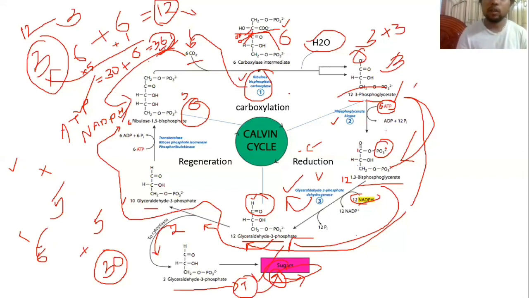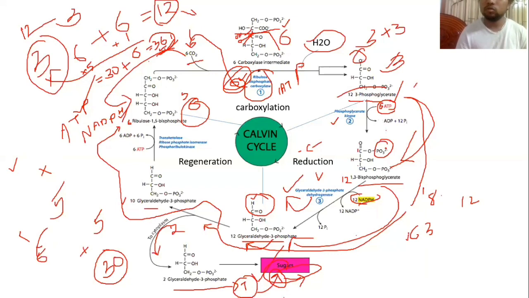Okay, here also ATP will be used. Without ATP, this ribulose bisphosphate carboxylase will not work. So a total of 18 ATP will be used in 1 Calvin cycle and 12 NADPH. So 18 ATP, 12 NADPH. So what is the ratio?